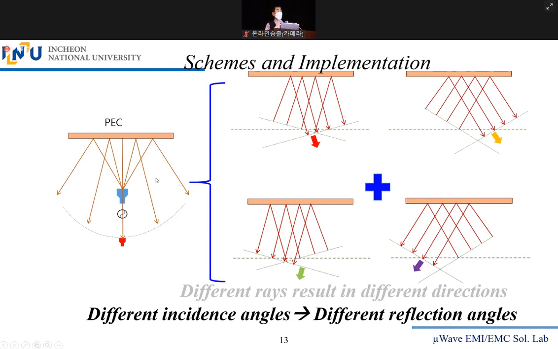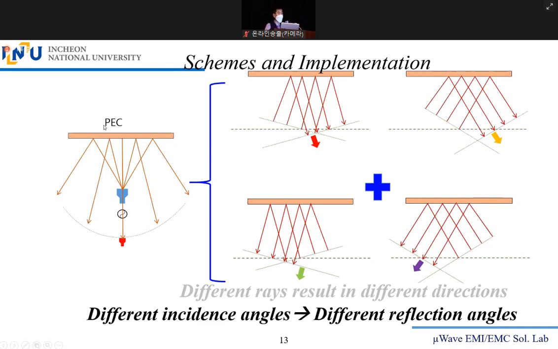But the problem or the difference is what? The strength of reflected fields will go down. If you replace the metallized block by dielectric material, why? There are transmitting rays. So the incoming wave is going to be divided into transmitted wave and reflected wave. But I'm going to deal with the reflected wave here.